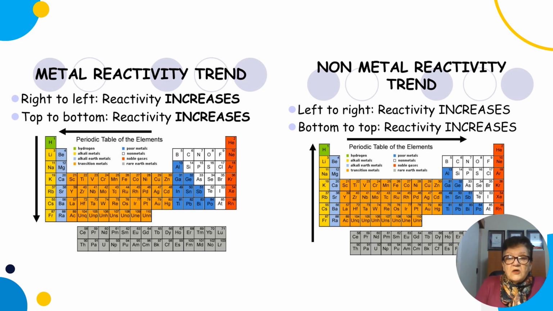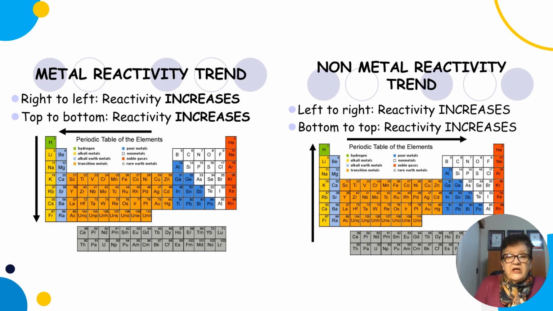The opposite works with the non-metals, but remember, we now ignore the elements of group 18 because they are chemically unreactive. So the most reactive element in group 17 is at the top. It is francium. So reactivity for the non-metals increases from the left to the right and from the bottom to the top.